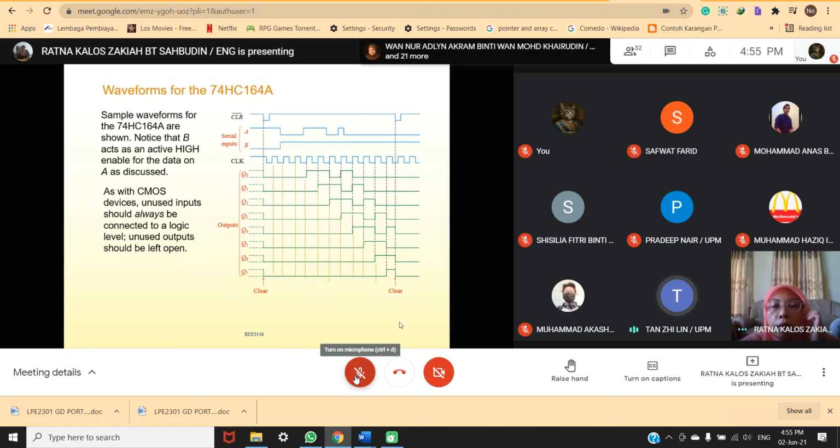But how do we know the output is the same as what goes into the input? The B is used as enable, and A is the input. So the output of Q7 is the most significant bit.